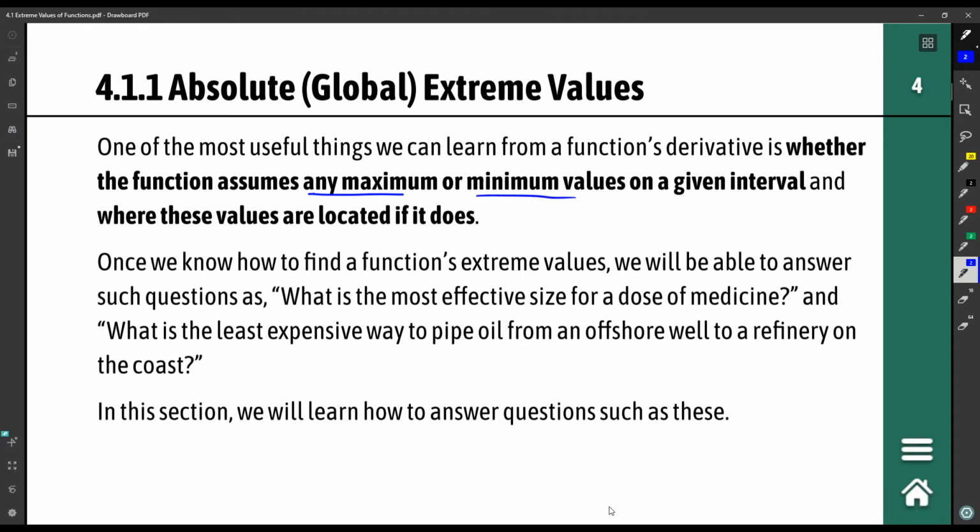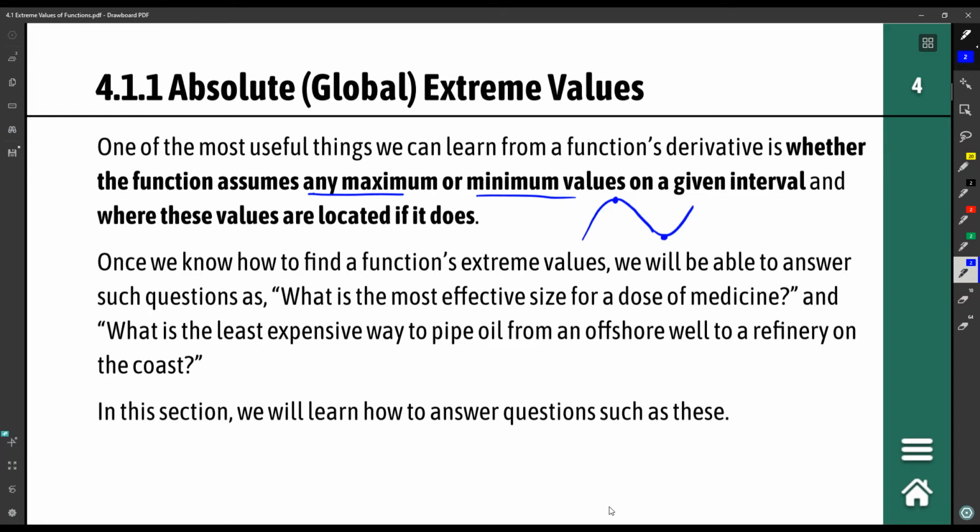So does a function hit a top or highest or largest value, and also does it assume any small value on some given interval? If we learn how to find those values, those y values of the function, then we're going to be able to answer some really important questions.